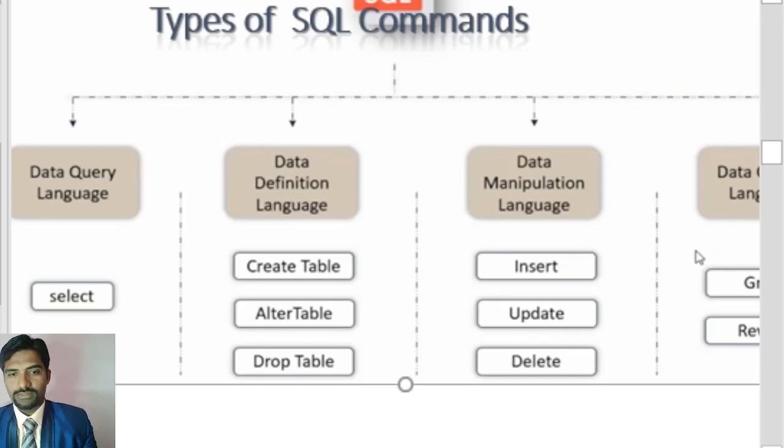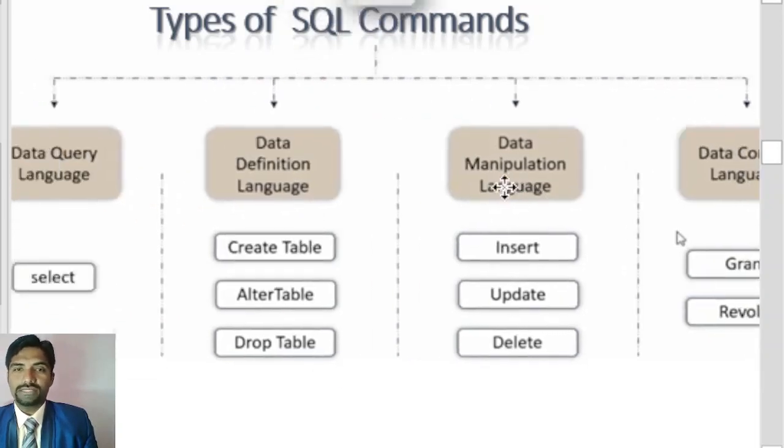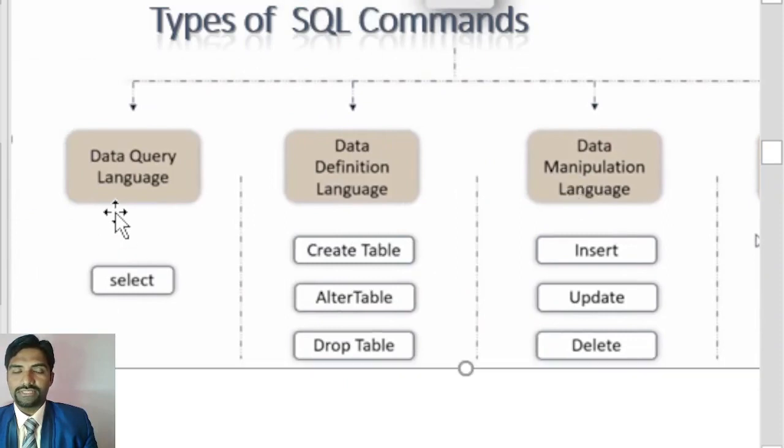According to the nature of the SQL query, it has been divided into 4 categories. One is data query language, second is data definition language or DDL, third is data manipulation language, and fourth is data control language, DCL. Data query language, usually we call it the select statement.